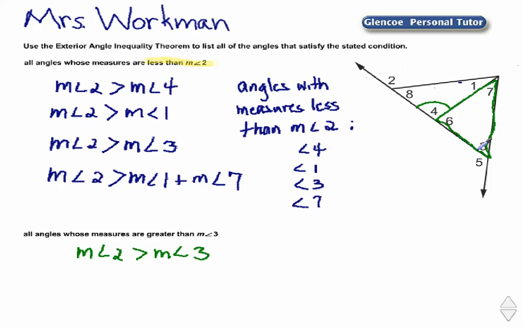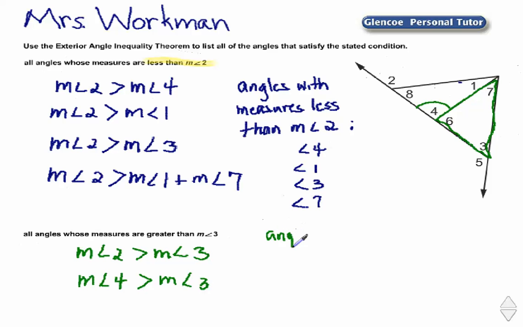So by the exterior angle inequality theorem, we know that the measure of angle 4 is greater than the measure of angle 3. Now this statement says list all angles whose measures are greater than the measure of angle 3.